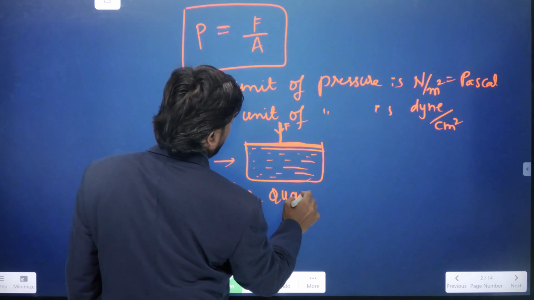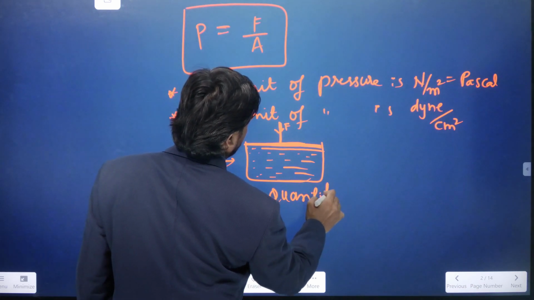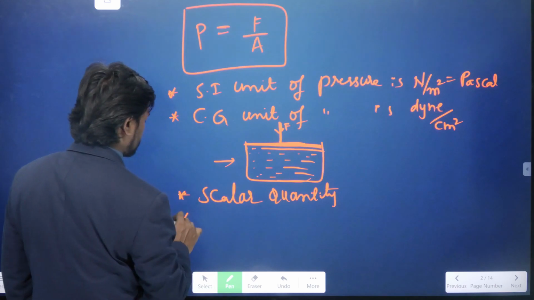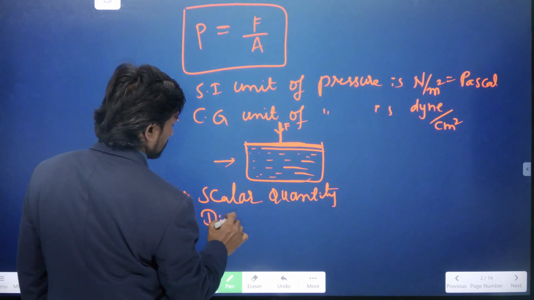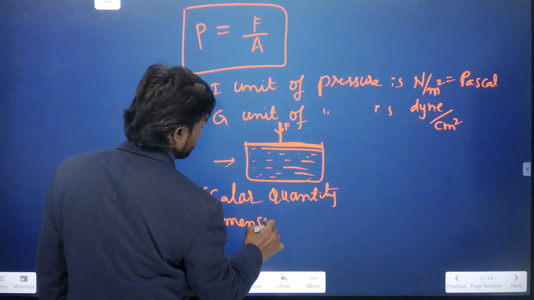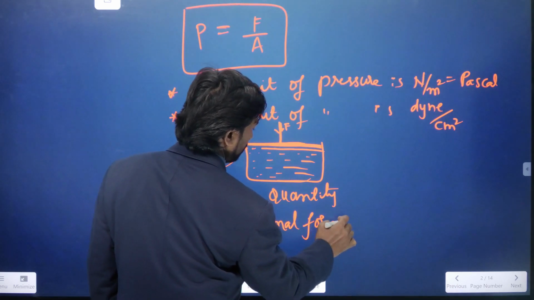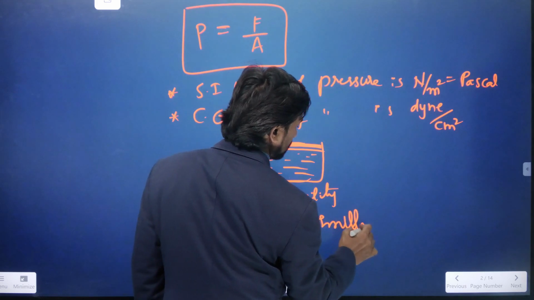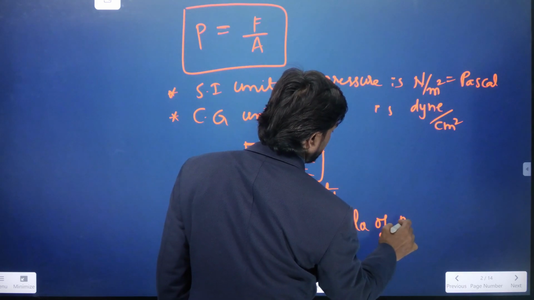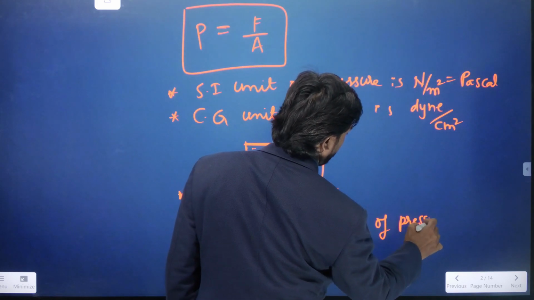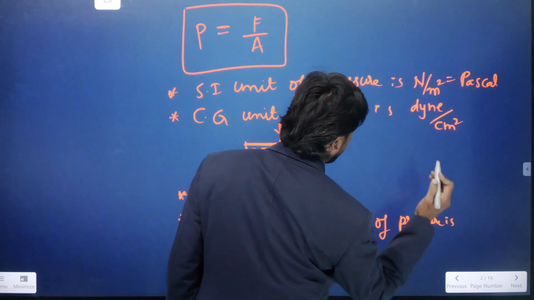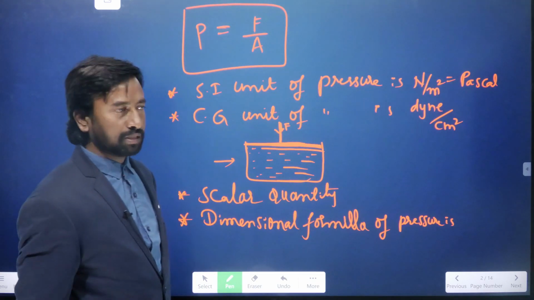And the dimensional formula also we can write here. The dimensional formula of pressure: from the SI unit we can write the dimensional formula.